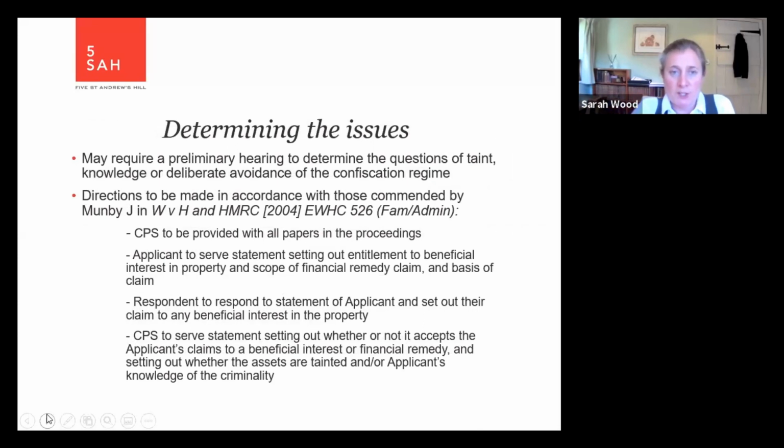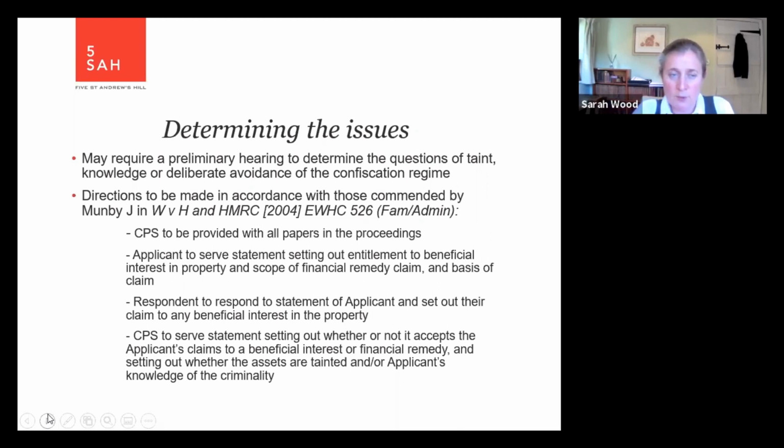So you're at the stage now where the CPS have been given permission to intervene. For argument's sake, let's say that they were put on notice by one of the parties to the proceedings, and therefore you're at the first appointment stage, and the court is dealing with directions.